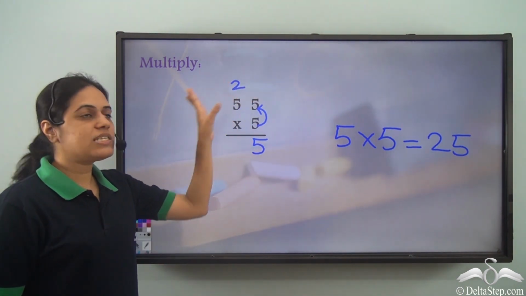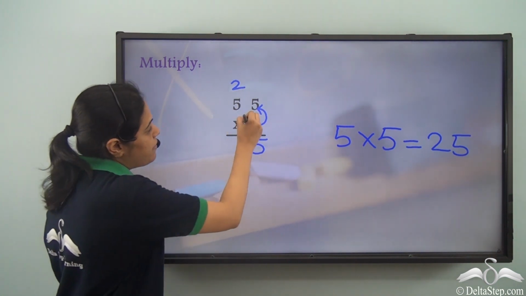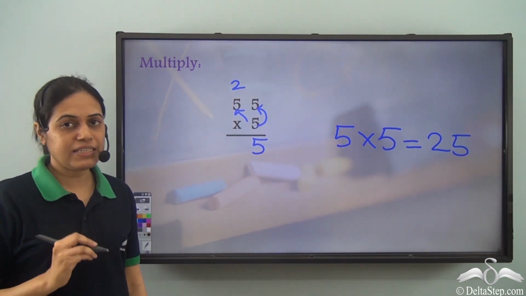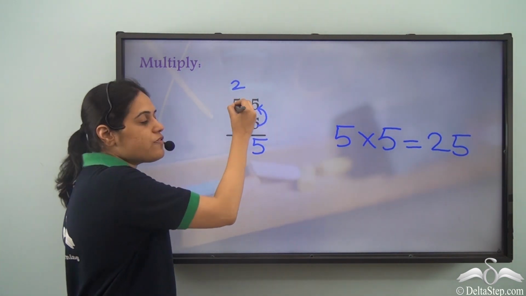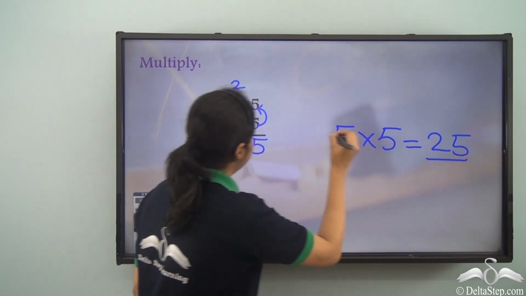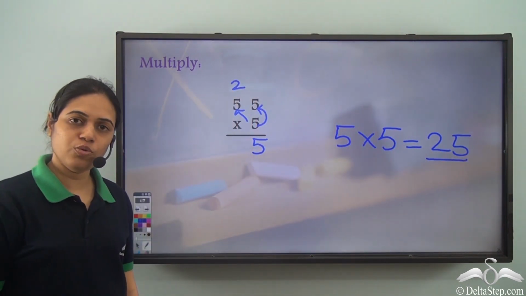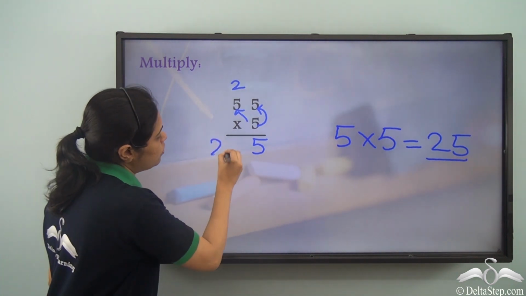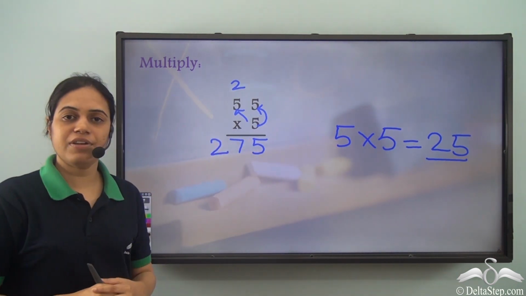Now just leave this 2 aside and multiply 5 with this 5. That is 5 in the tens place. 5 into 5 is again 25. But to this 25, now I need to add 2. 25 plus 2 is 27. So I write 27 here.